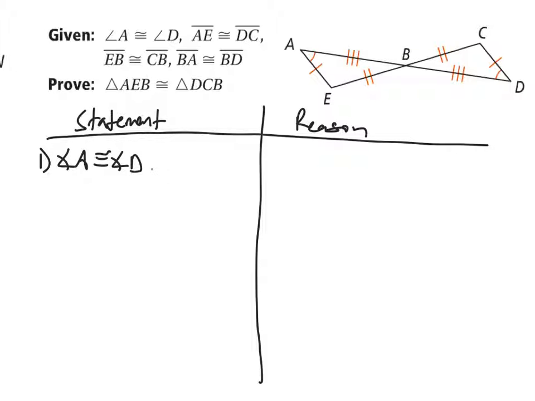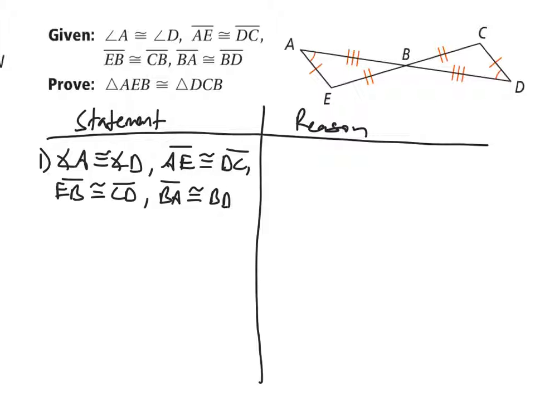Angle A is congruent to angle D. Line segment AE is congruent to line segment DC. Line segment EB is congruent to line segment CB. And line segment BA is congruent to line segment BD.